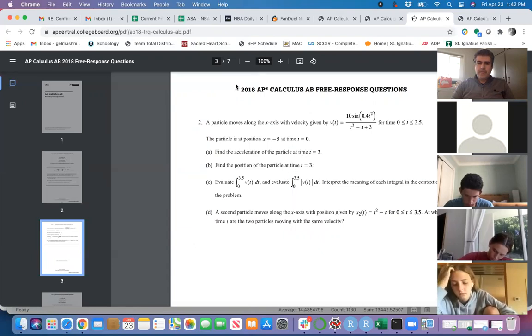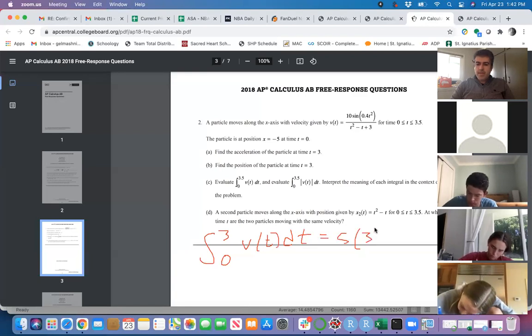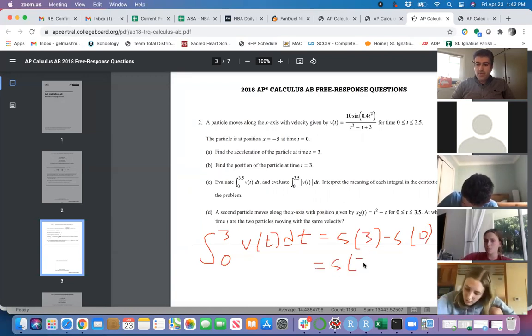So what you're going to do is the integral, and we'll do it from 0 to 3, of your velocity function is going to equal the change in position, or the displacement, s of 3 minus s of 0. Well, s of 3 is what we want to find. I want to find the position at 3. S of 0, you're told the initial position is -5. So we'll do minus -5, actually.